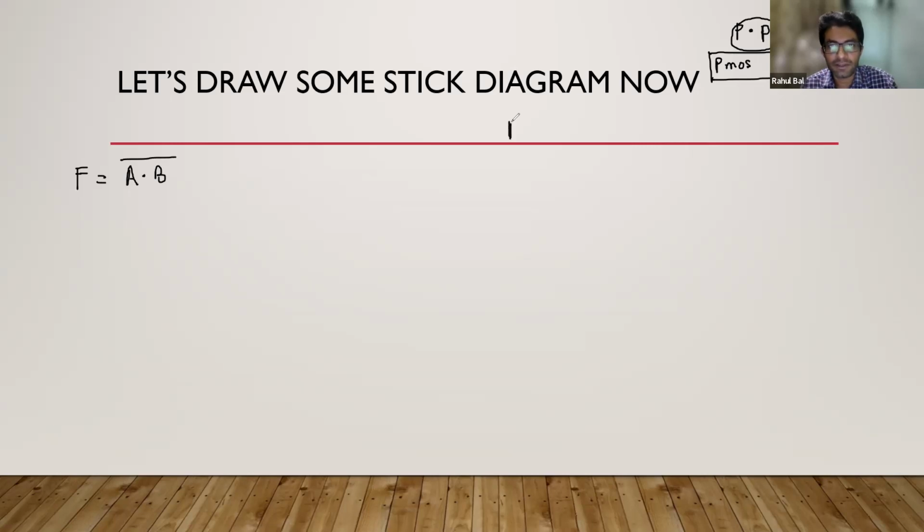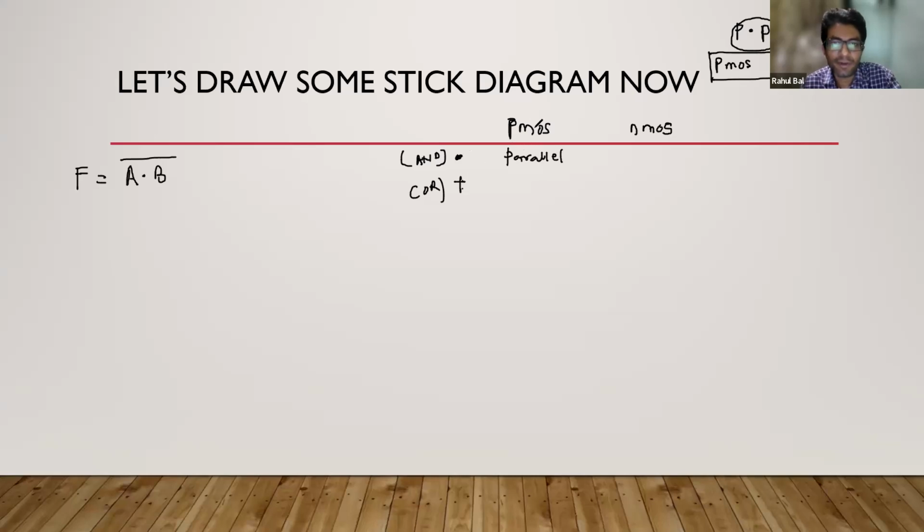I will just show you that table here. PMOS, NMOS, you can note this table somewhere in your notebook. If it is the dot operator, and or if it is the plus operator. So this is the AND operator and this is the OR operator. If it is the AND operator, the transistors will be in parallel, as I said. So P dot P, PMOS dot parallel.